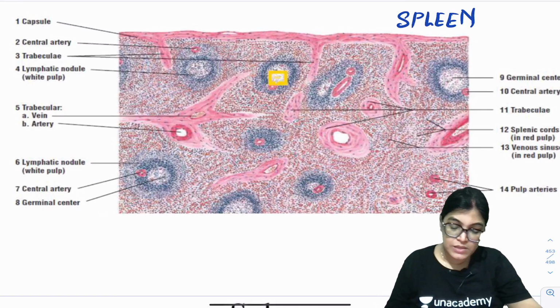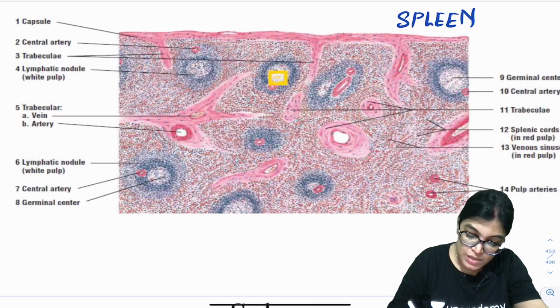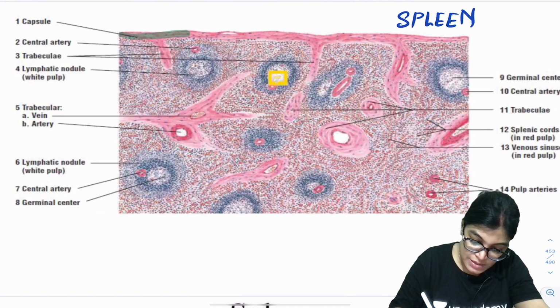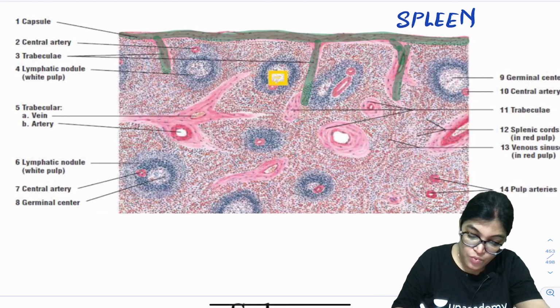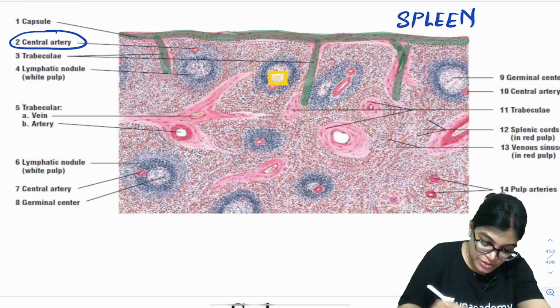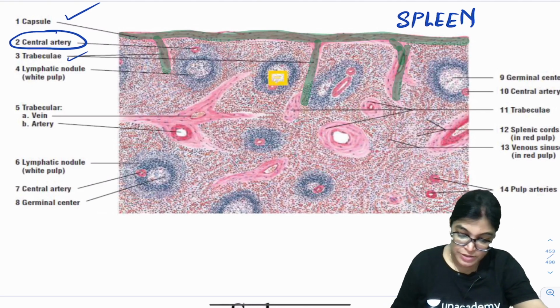Now, my dear aspirants, what you can see, the outermost covering is the fibrous capsule. Trabeculae or septae are given inside. Through these trabeculae and septae, what traverses inside is the central artery.